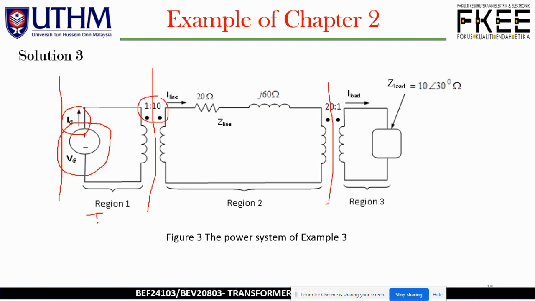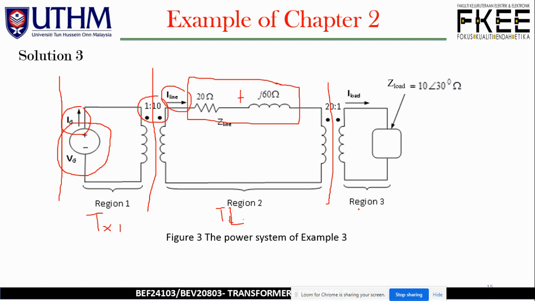This is transformer number 1, for example, TX1. Region number 2 is the transmission line, TL, with the line impedance 20 plus J60 ohm, as well as the I line, of course.